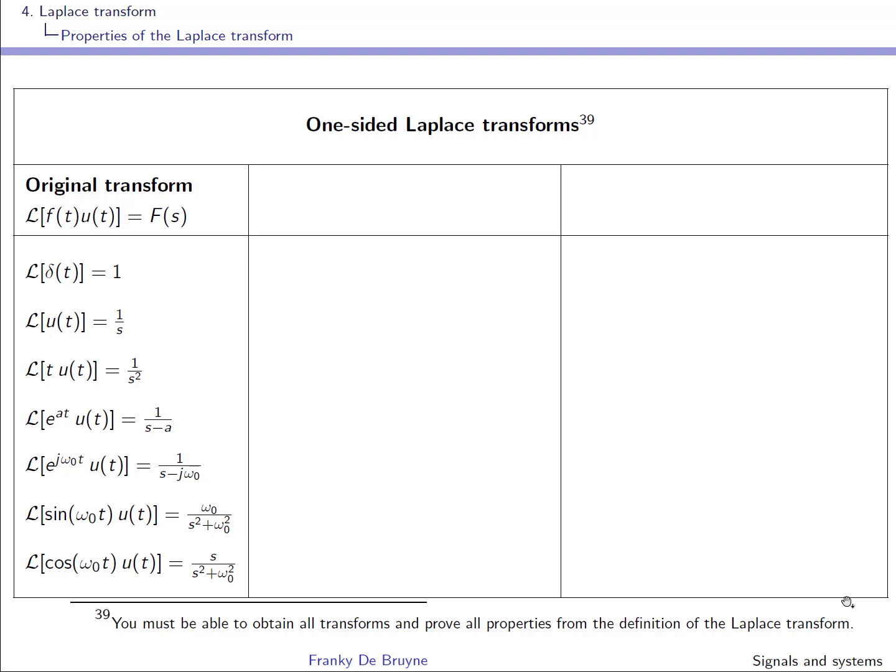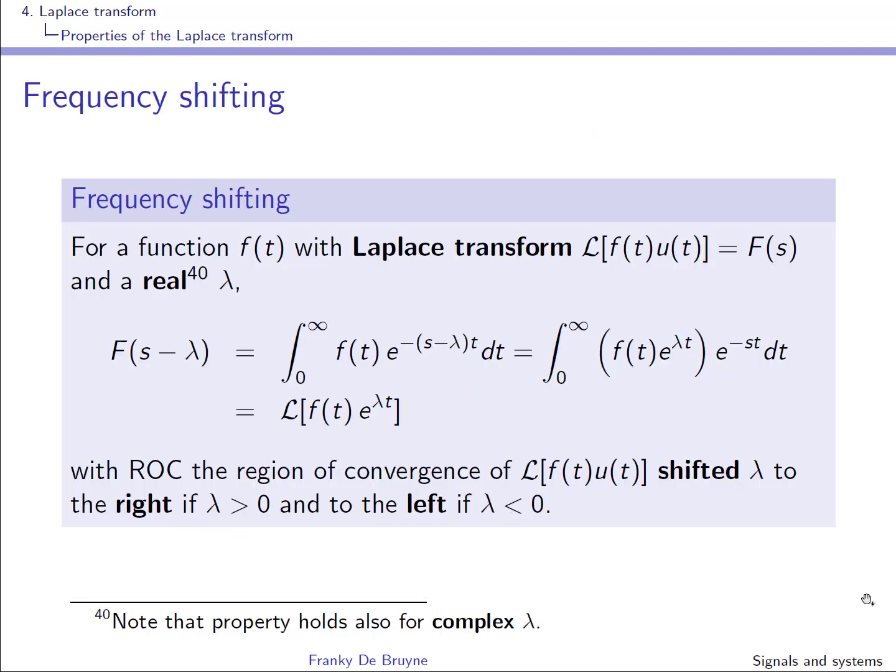You see that there are two more columns. We'll see two more major properties of the Laplace transform that will allow you to extend the catalog of Laplace transforms. So let us start with the first property, frequency shifting, that will allow us to extend our catalog.